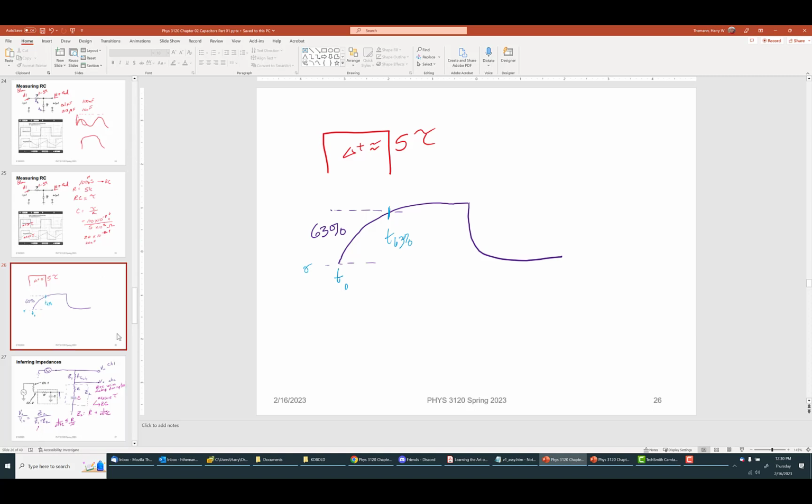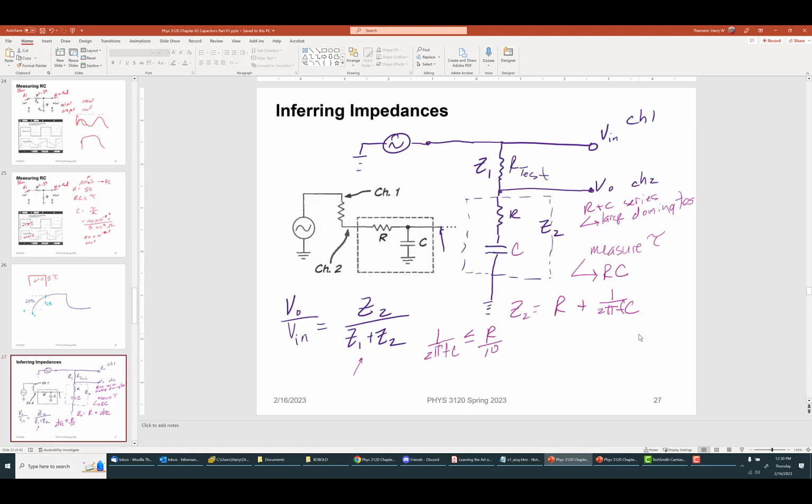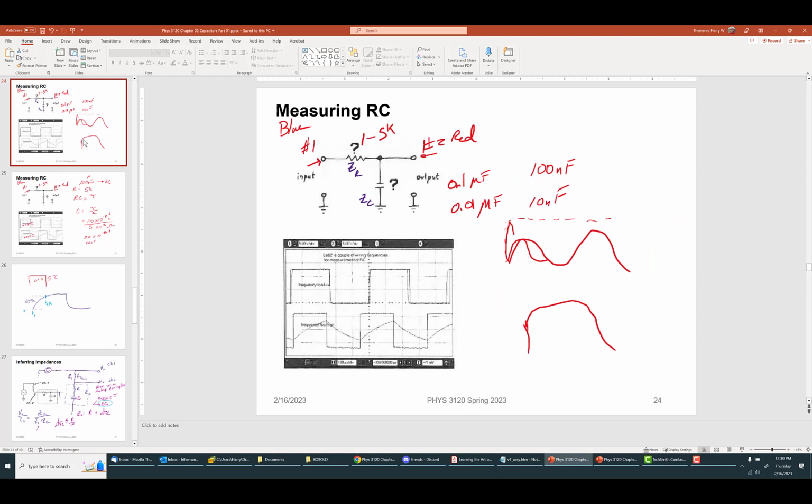These are things I put on the board and not on a slide, so that's why I'm doing this. The other thing was about how we measure. We measured the time constant, so we have RC as a compound quantity. How do we then measure R and C alone? How do we unfold it? What we do is create a new voltage divider, because remember that this RC circuit is a voltage divider.